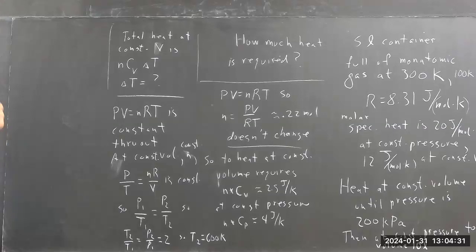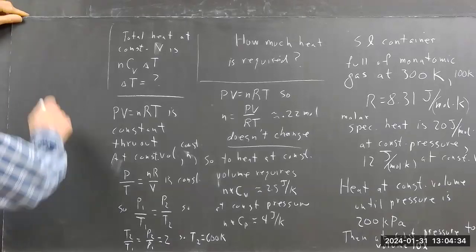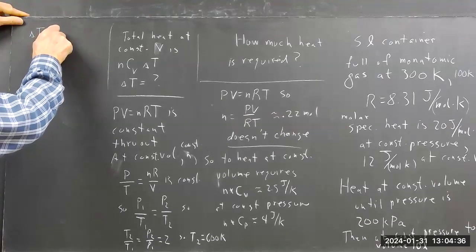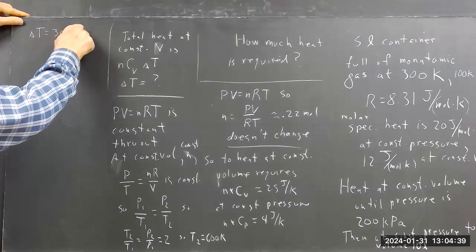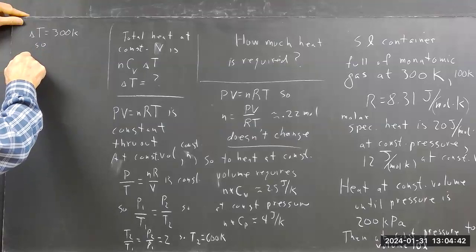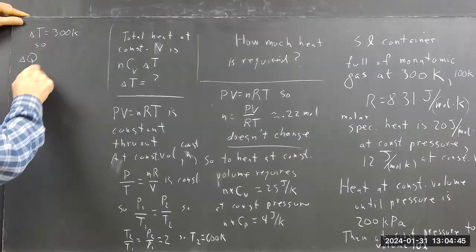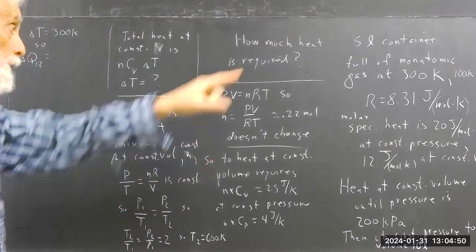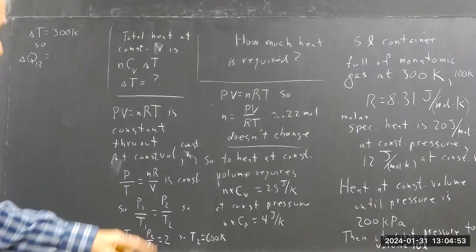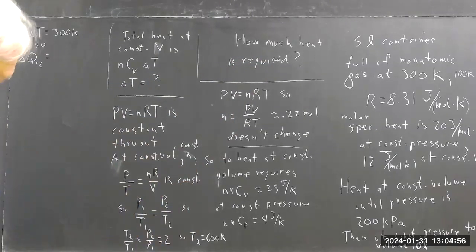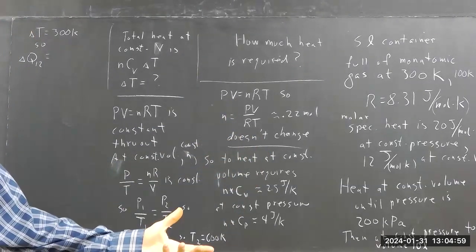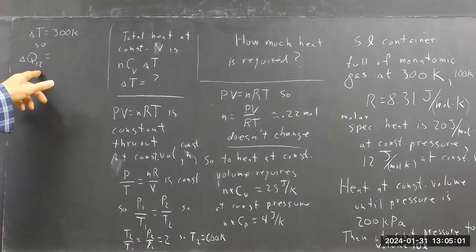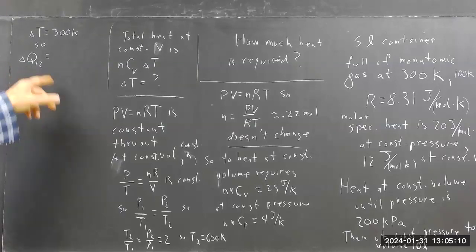Now I'm just trying to decide how symbolic I want to be. Okay. I've used subscript 1 for the original state, subscript 2 for the second state. Does that make sense? So when I say delta Q1,2, delta Q is the amount of heat that you got to add between state 1 and state 2.